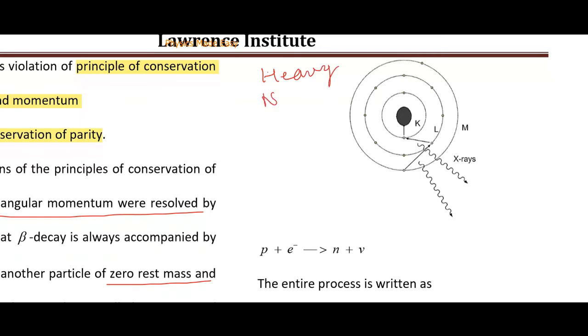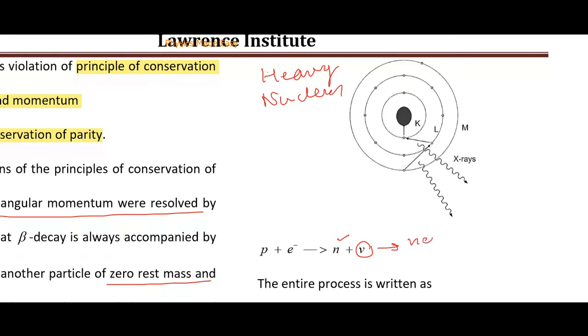So it captures one of the electrons and converts itself into neutron, and a neutrino is emitted.